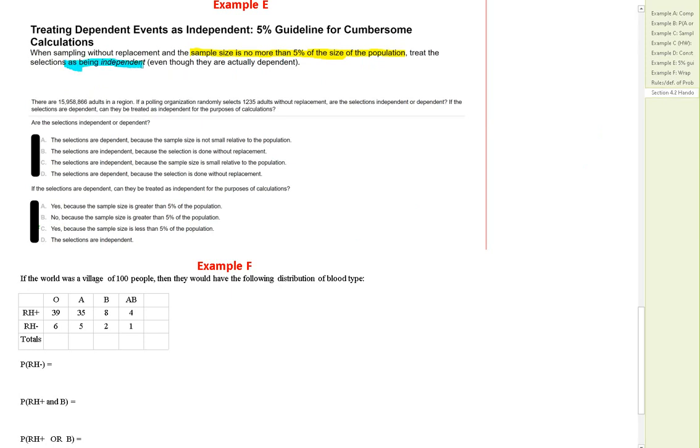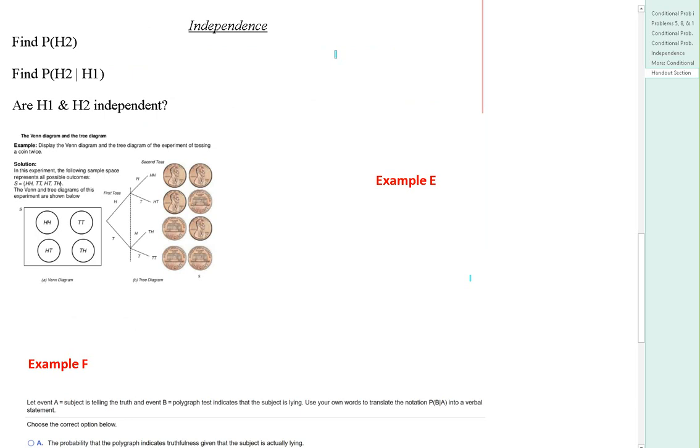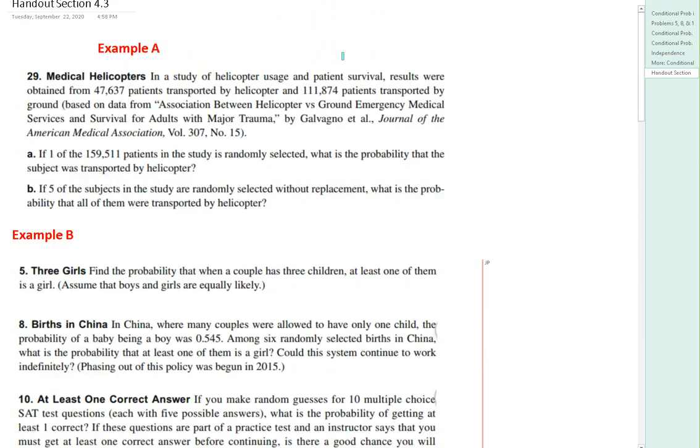All right, that's nice if you can treat them as if they're independent, even though they're actually dependent. So the author's cutting you some slack, saying, all right, let's just kind of take it easy on ourselves here. So let's take a look at the first example from the homework, which is all the way at the top here.